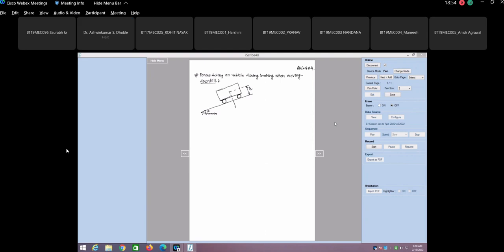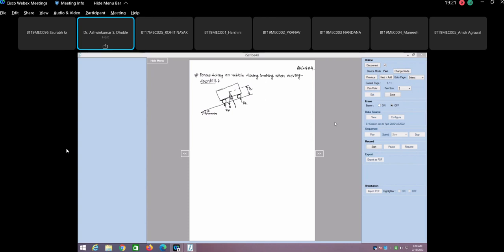If we draw this, then we can say that this is the reaction at front wheel. This is the reaction at rear wheel. Then weight of the vehicle will act in the downward direction, so that is the W. So this angle will become equal to theta.